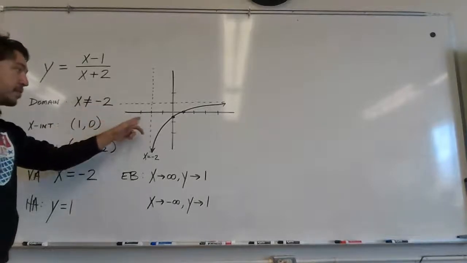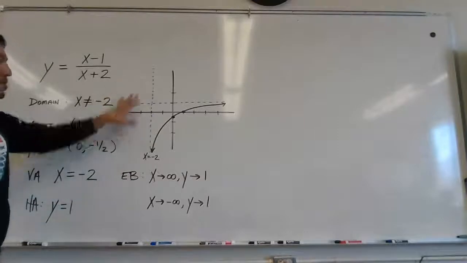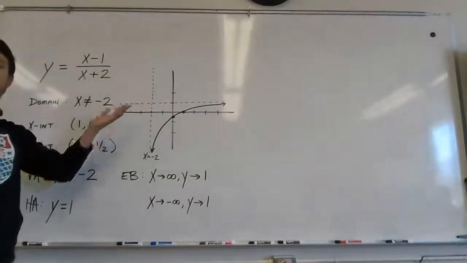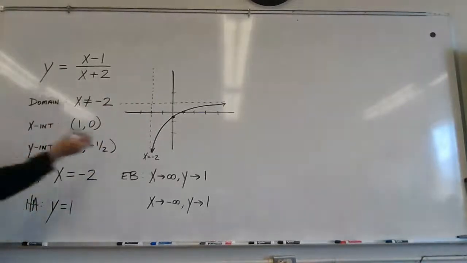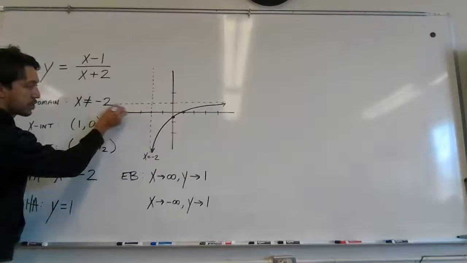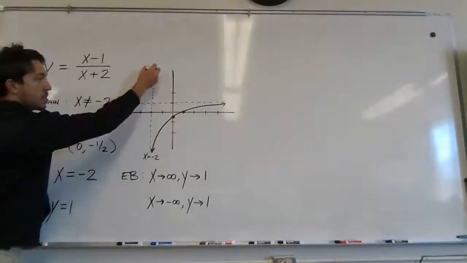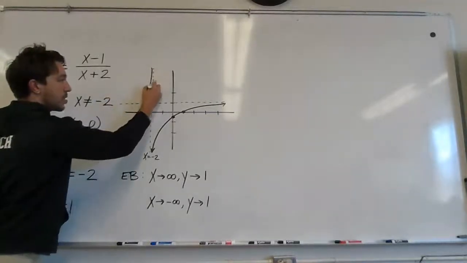So for example, -3, -3.5, -1,000,000. There's a whole bunch over here. So those have to have points on the graph, right? Does that make sense? Okay, so question is, does it do this? Or does it do this? The answer is this.